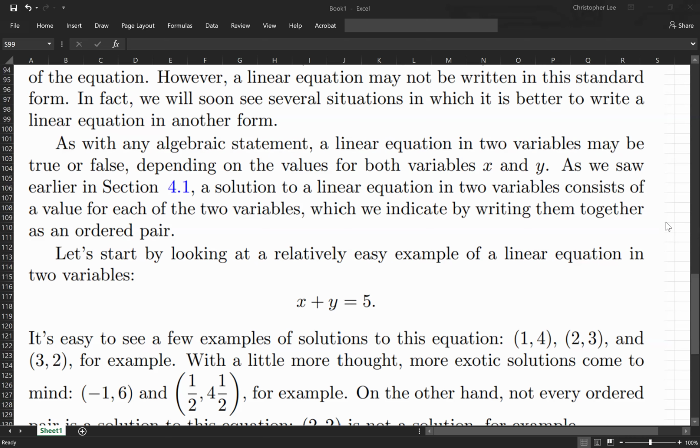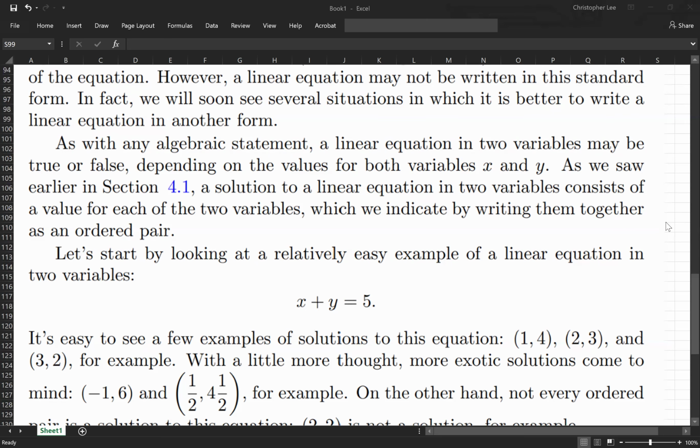So as we saw earlier in the section, a solution to a linear equation in two variables consists of a value for each of the two variables, which we indicate by writing them together as an ordered pair. All right. So let's start by looking at a relatively easy example of a linear equation in two variables, x plus y equals 5, right?